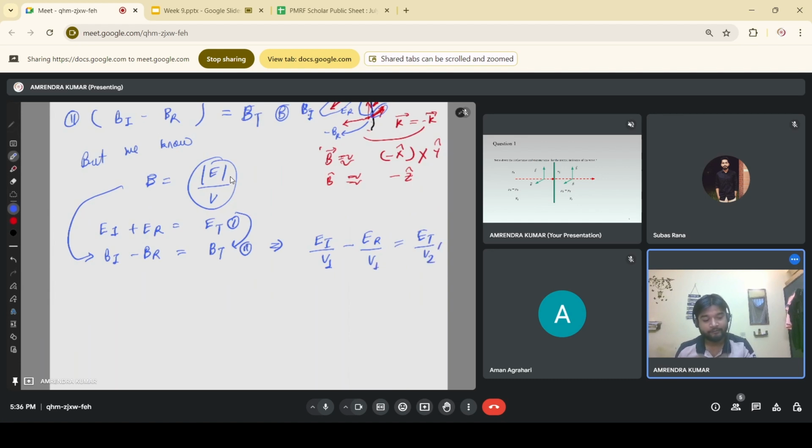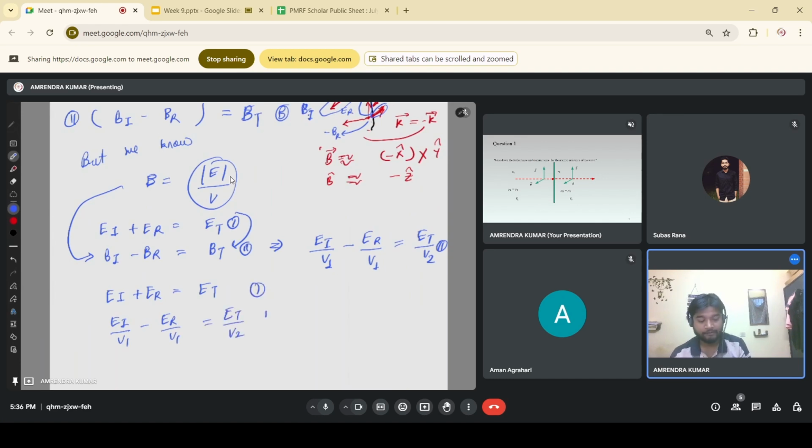So this is the new equation: EI plus ER is equal to ET, and EI over V1 minus ER over V1 is equal to ET over V2.